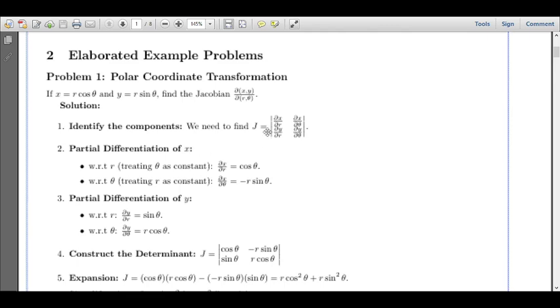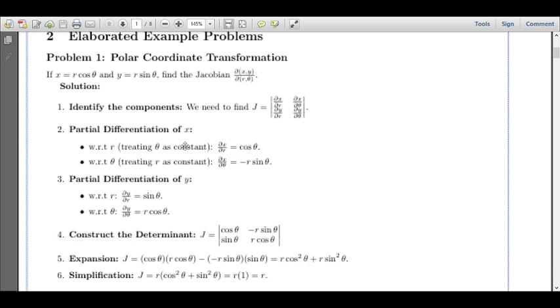Now first, the Jacobian dou of x, y by dou of r, theta equals: x with respect to r, x with respect to theta, that is dou x by dou r, dou x by dou theta. Next, y with respect to r, y with respect to theta, dou y by dou r, dou y by dou theta.